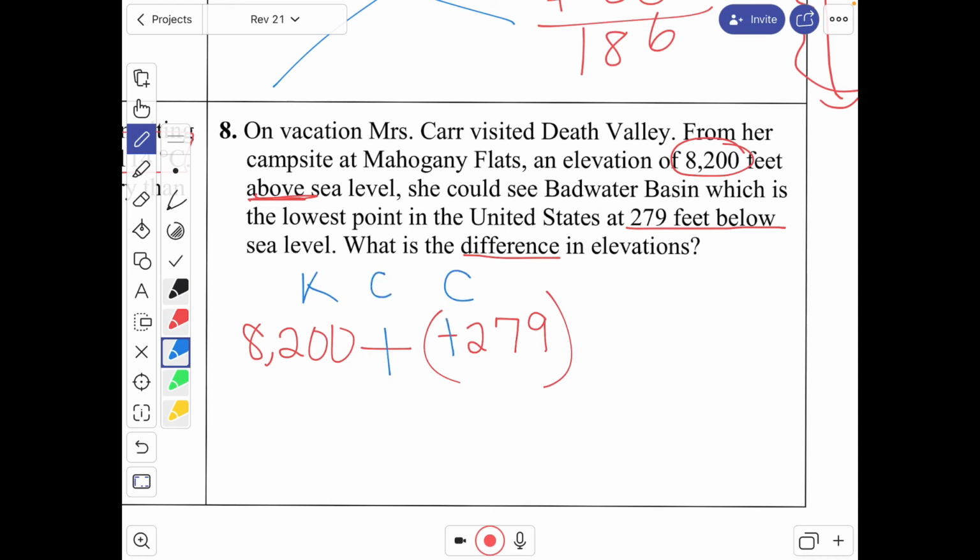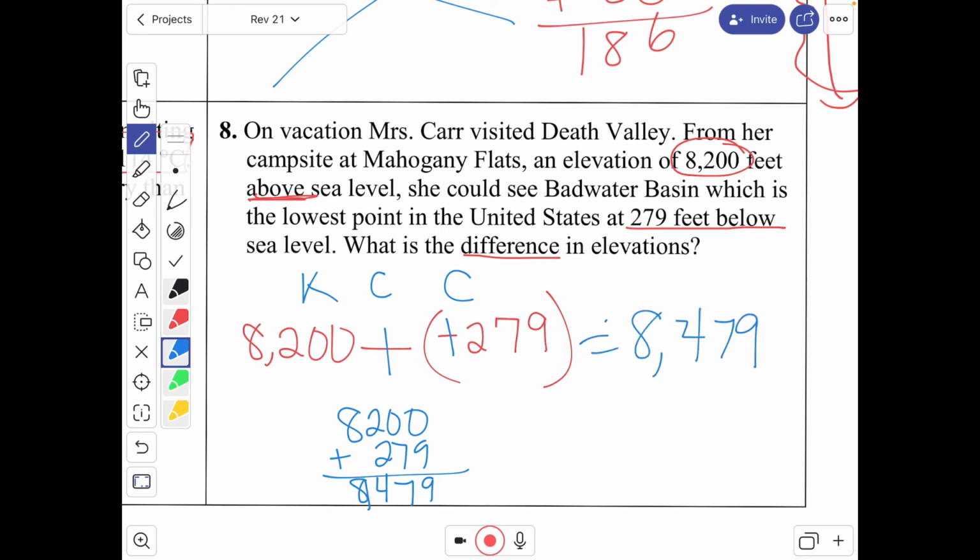Keep, change, change. So they're both positive now. I just need to add. And I get 8,479 feet difference.